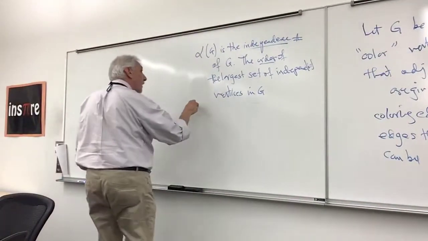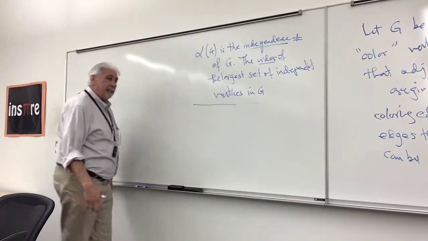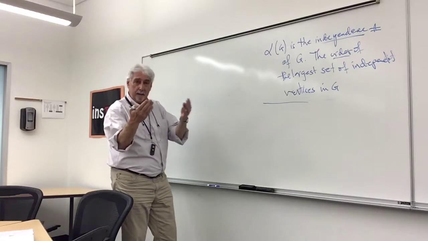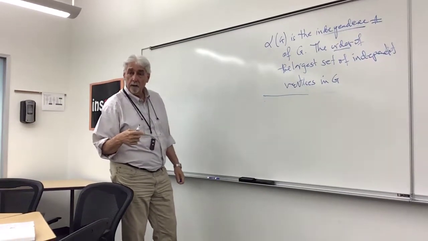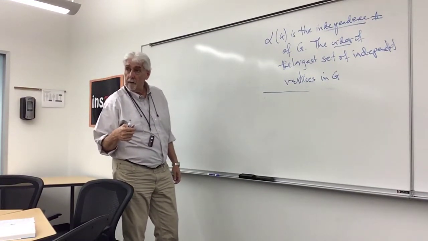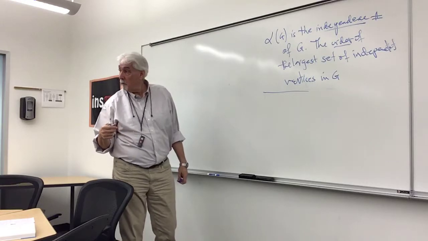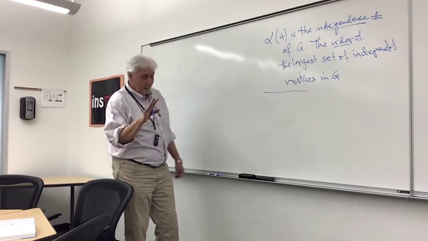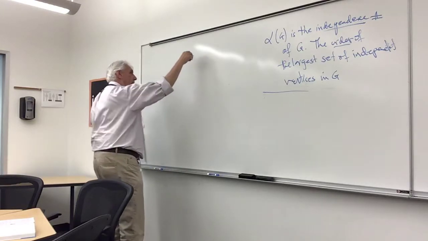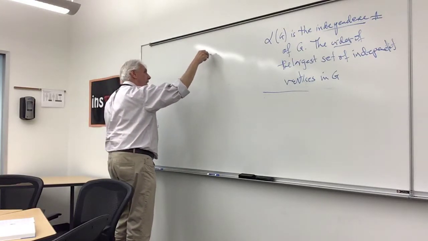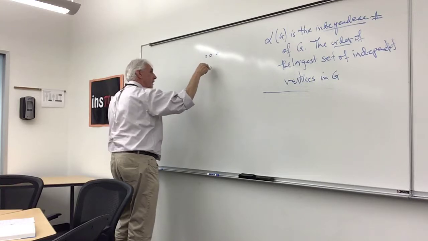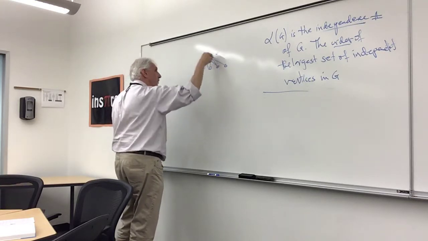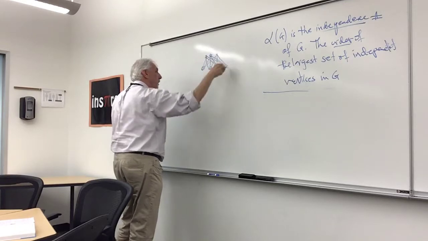So independent vertices are easy. What do we mean by independent vertices? Not adjacent. They're not adjacent. So just hear me out. Let's look at K34.